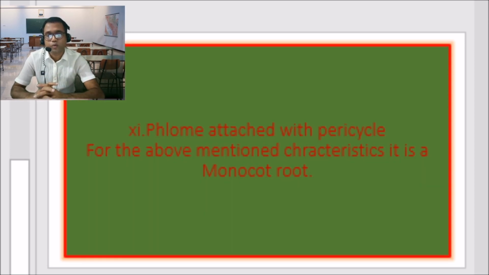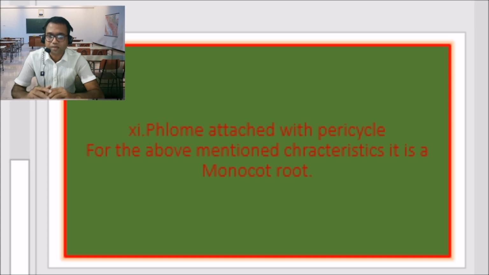And phloem is attached with pericycle. For these characteristics, we can say that this supplied specimen is monocot root.